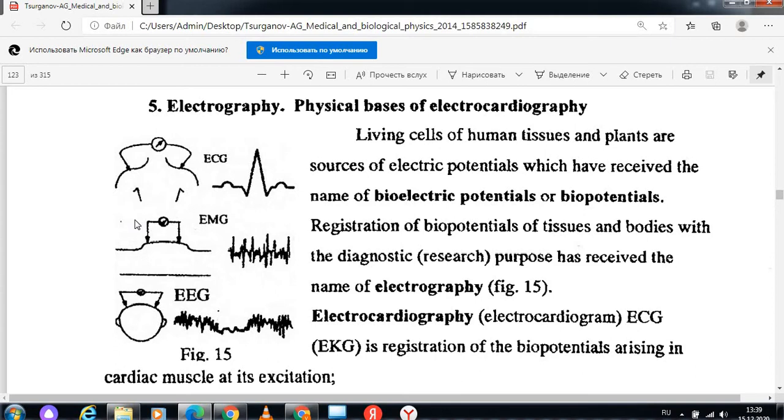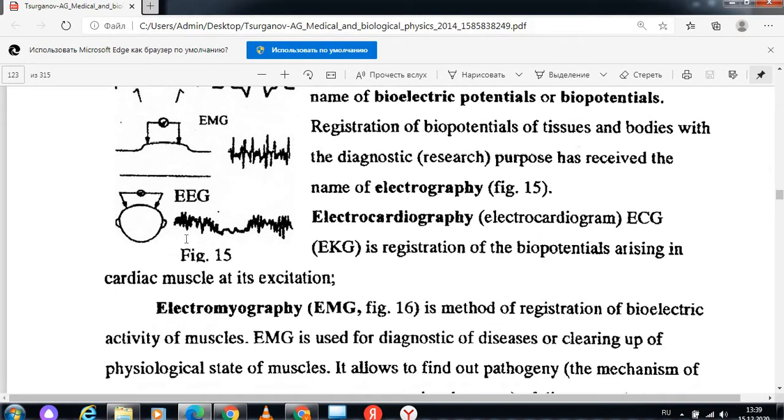Its registration of the biopotentials arising in the cardiac muscles and its excitation. Yes, and we have different types of this: ECG, EMG, or the EEG variants of the different types of registration of biopotential arising in the muscle of excitation.